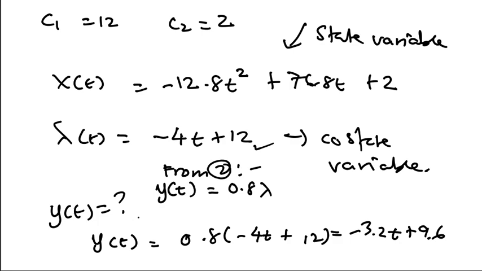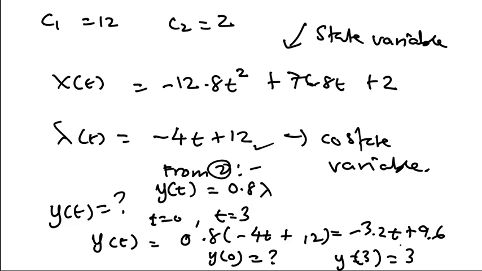Now what you need to do next is to find the y value at the starting point, time equal to 0, and time equal to 3. Then you can find y at time equal to 0, and y at time equal to 3, and from here you can solve all of them.